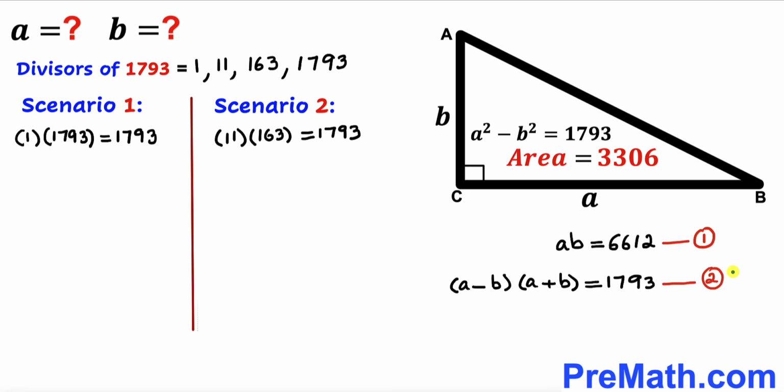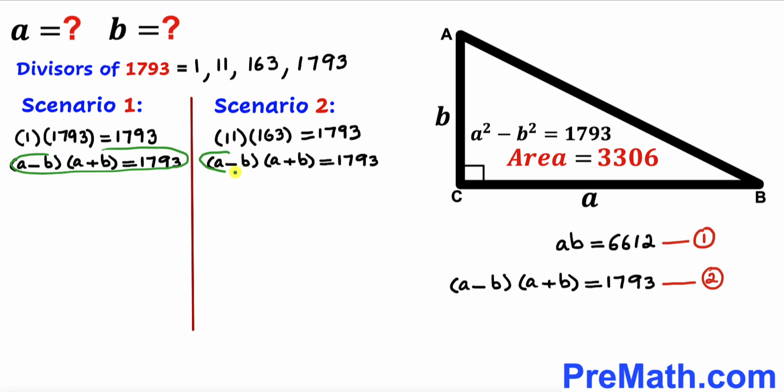Now let's focus on equation 2. Here I have copied down equation 2 for both of these scenarios, and we are going to compare these equations. We can see the right hand sides are identical.